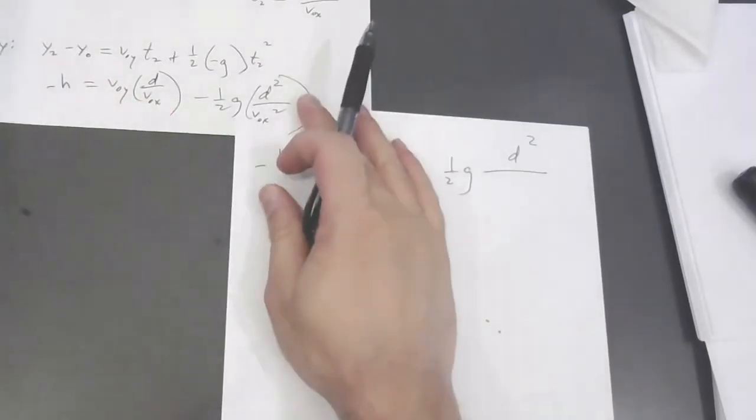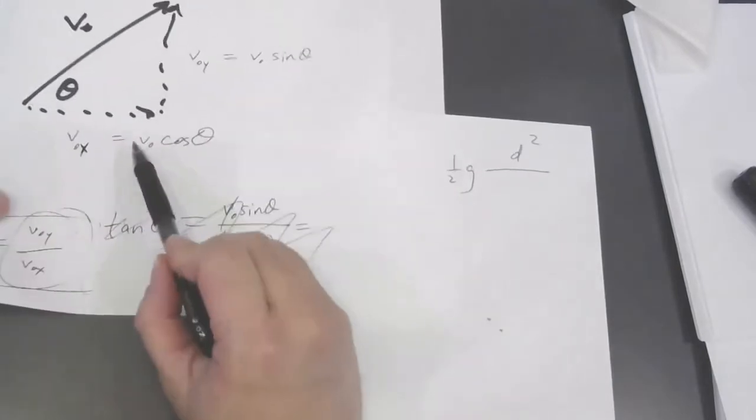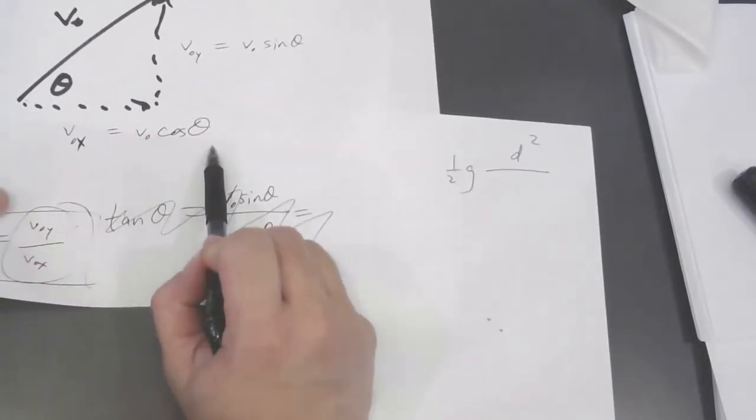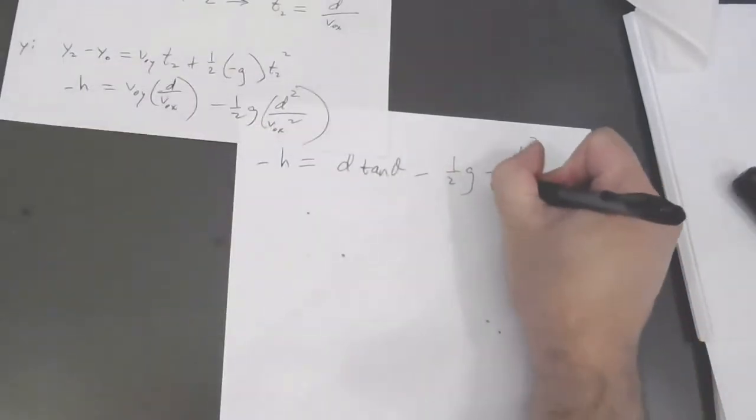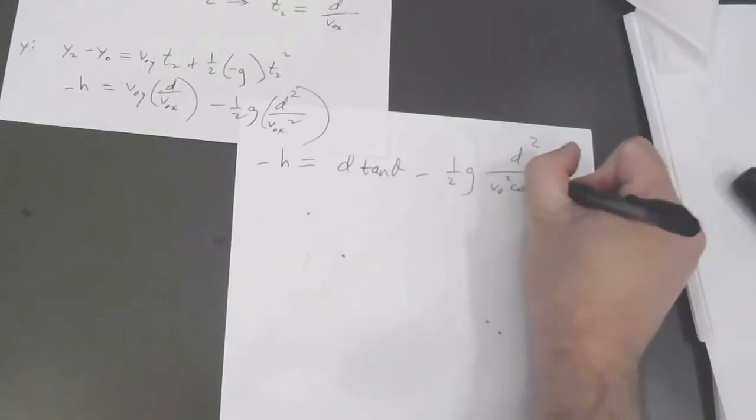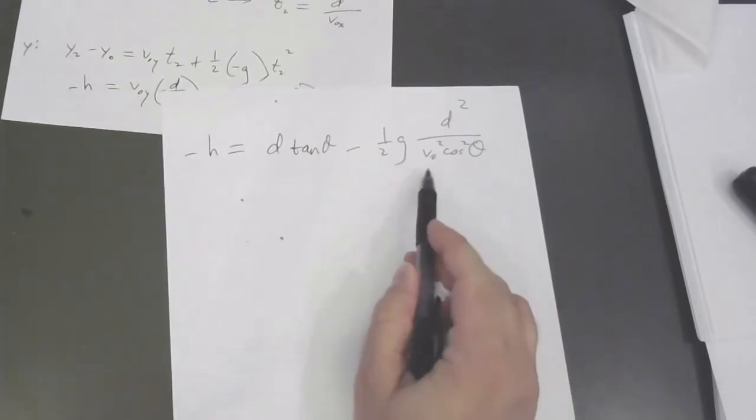V naught x is the initial speed times the cosine of theta. So I really have to write v naught squared cosine squared theta. What am I solving for here? Initial speed. So we're practically done.